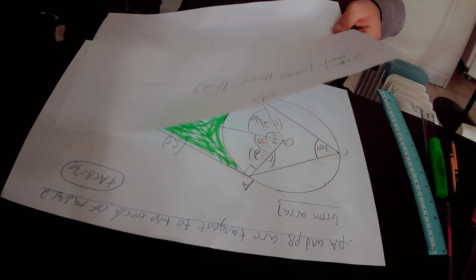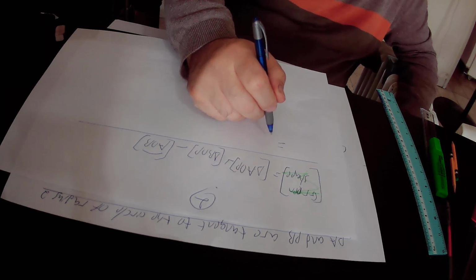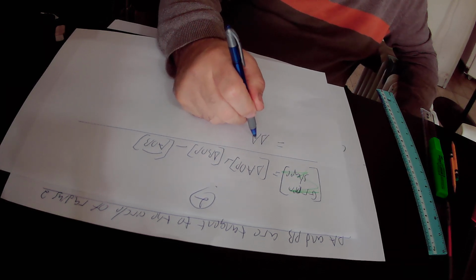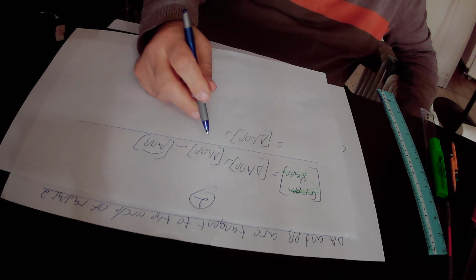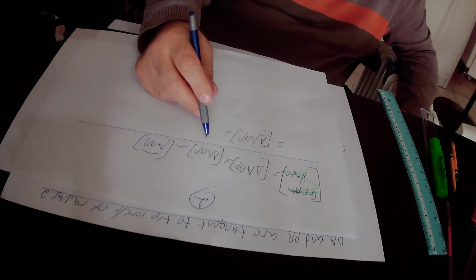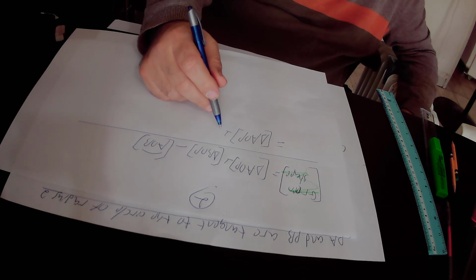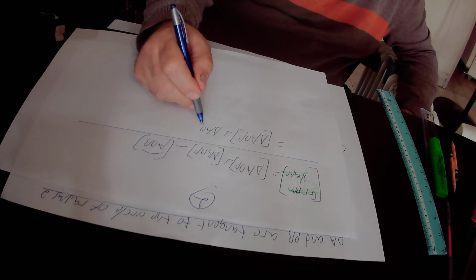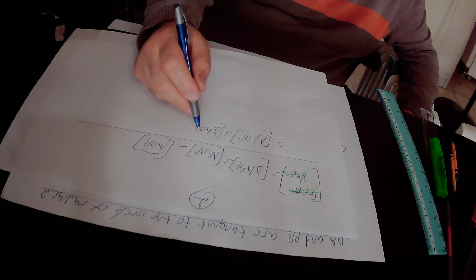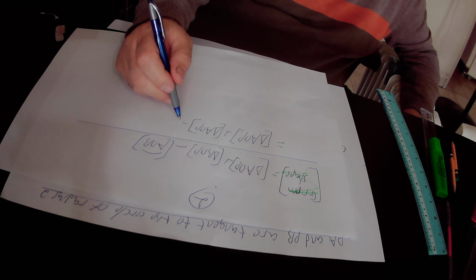We do it now and we get that the area of the green shape in total will be equal to the area of the upper right triangle AOP plus the area of the right lower triangle BOP. So we substitute the area of the lower right triangle BOP by the area of the upper right triangle AOP, minus the area of sector AOB.